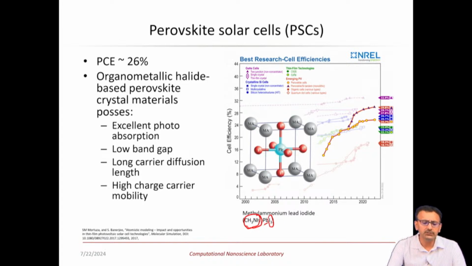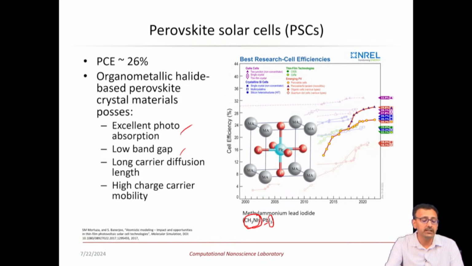So, what is so special about methyl ammonium lead halide based perovskite for these solar cells? Their structures are shown here. It has excellent properties for photovoltaics. Number one, it has excellent photo absorption characteristics. It has a low band gap. There's something called the Shockley-Queisser limit, which predicts that solar cells with the highest efficiencies will have a band gap of about 1.3, and these materials have a band gap of about 1.57.